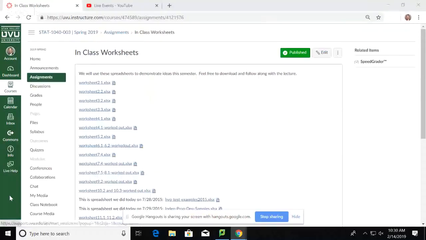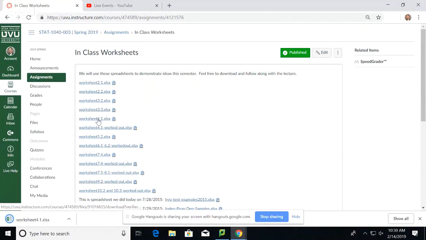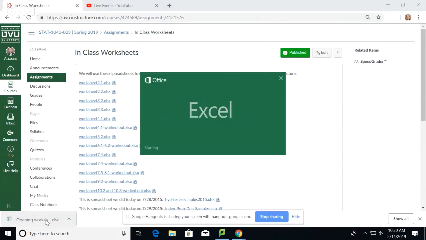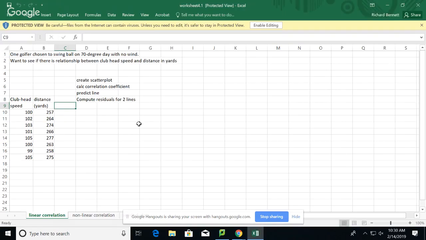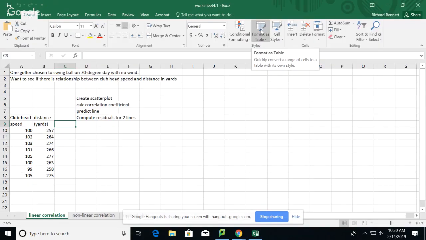So go to Canvas, go to in-class worksheets, and then, let me start sharing. Open up worksheet 4.1. Let's just use this as an example.